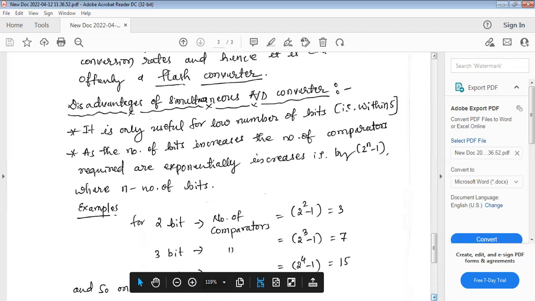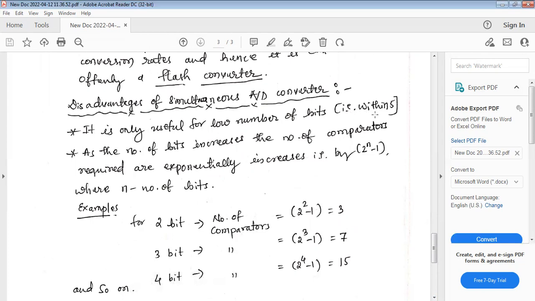Disadvantages of this analog to digital converter are like this. It is only useful for a low number of bits, that is within 5. This means this circuit is more suitable for applications where the number of bits is less.